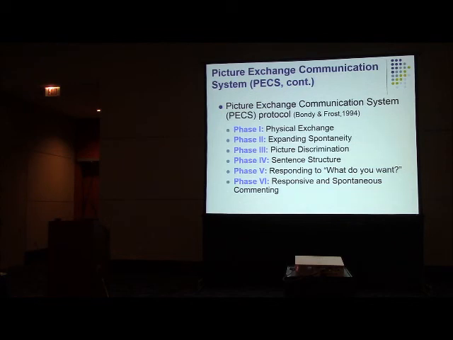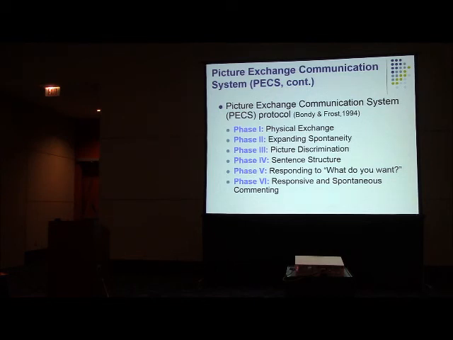In this case, I would have I want cookie, and start developing a sentence using two icons. So I want pizza, and then you would exchange it or give it to the person that you're trying to get pizza from.